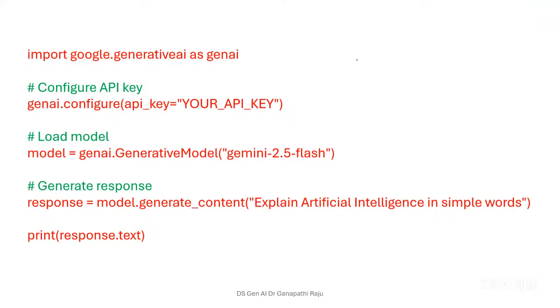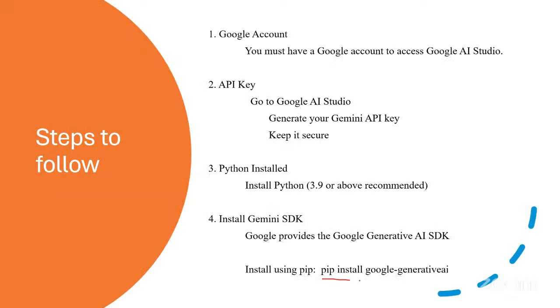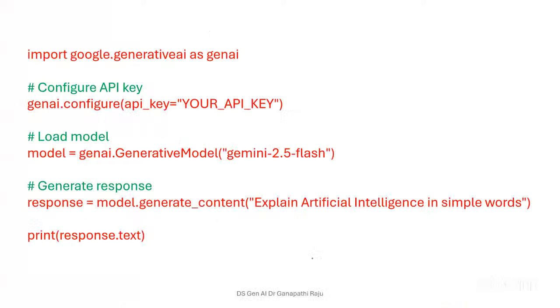The first step is to install the software: pip install google-generativeai. Once you install it, you are eligible to communicate from your local computer to the remote Google Gemini models. If you want to work with Gemini models, you should import the library: import google.generativeai as genai. Here genai acts as an alias name.